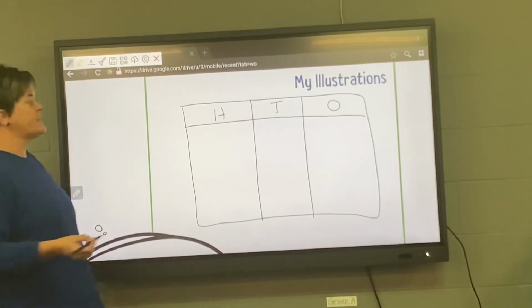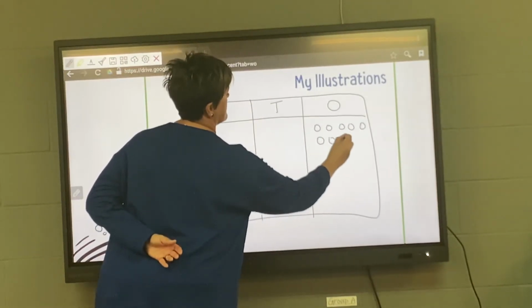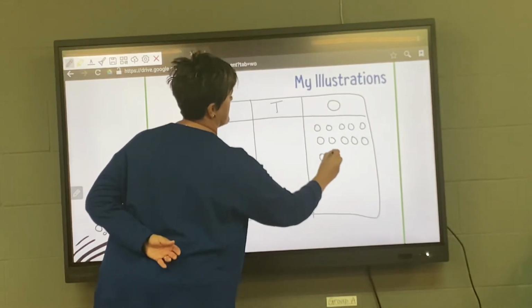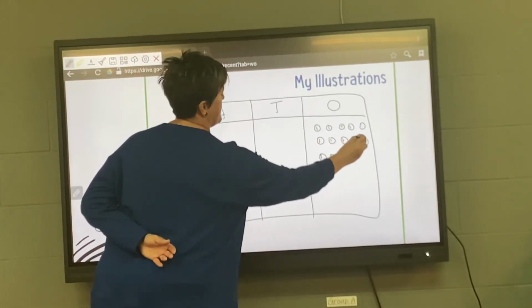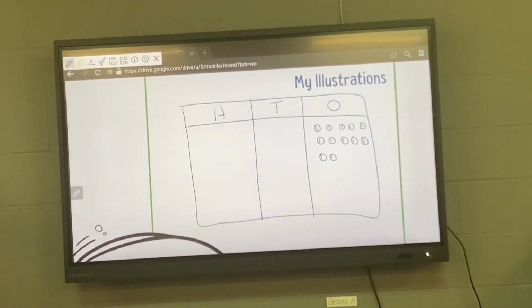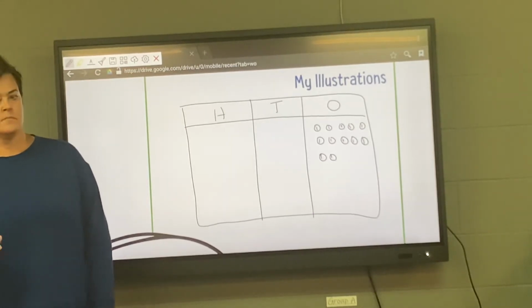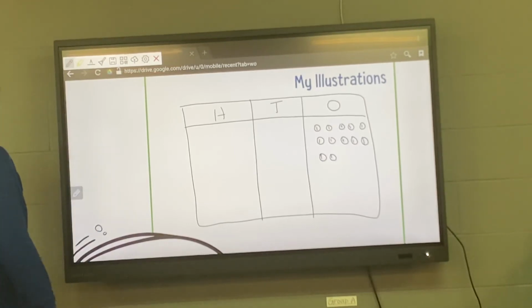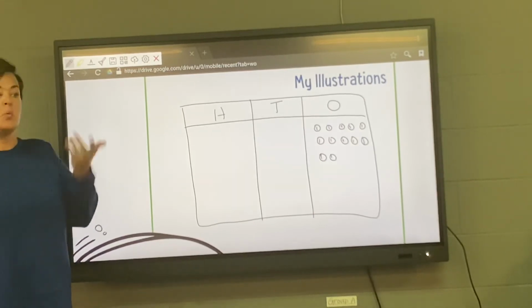Let's say that we have 12 ones. These are all ones. You don't have to label them if you don't want to. Let's say that we have 12 tens.